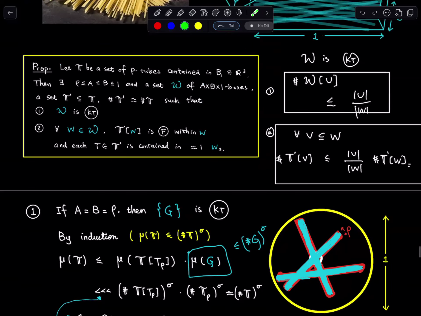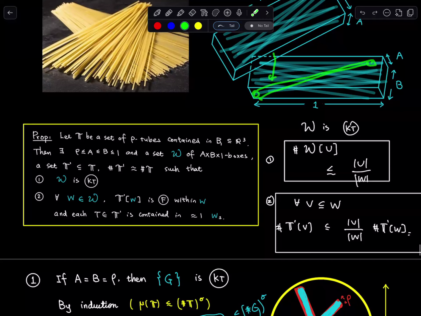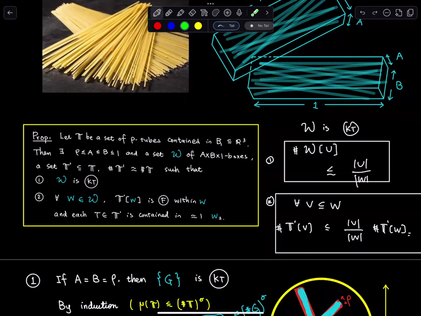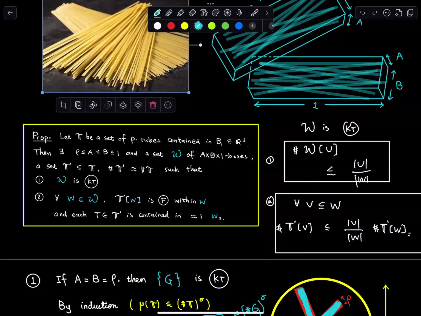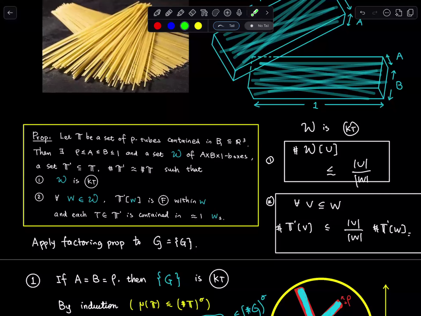So the first simple, not so simple case is when A equals B equals rho, so that's when the boxes are the minimal possible. Each box now shrinks to just a single tube. So what happens when A and B equal rho? We are going to apply the factoring proposition to the set of grains and obtain A times B times 1 boxes.